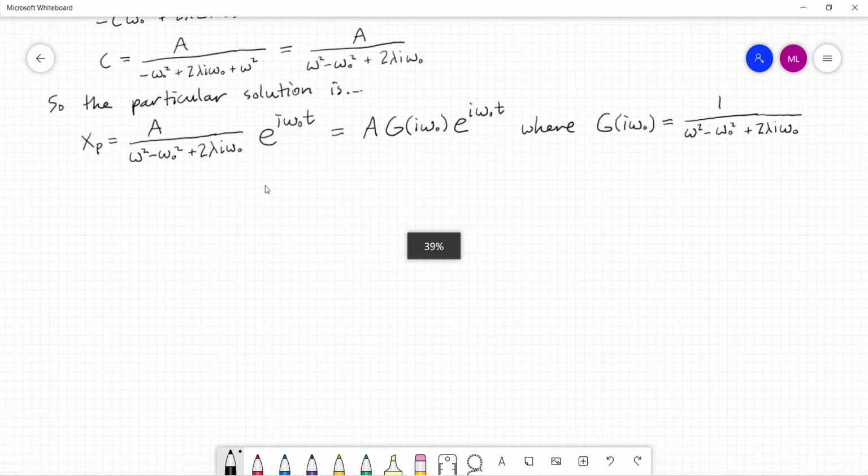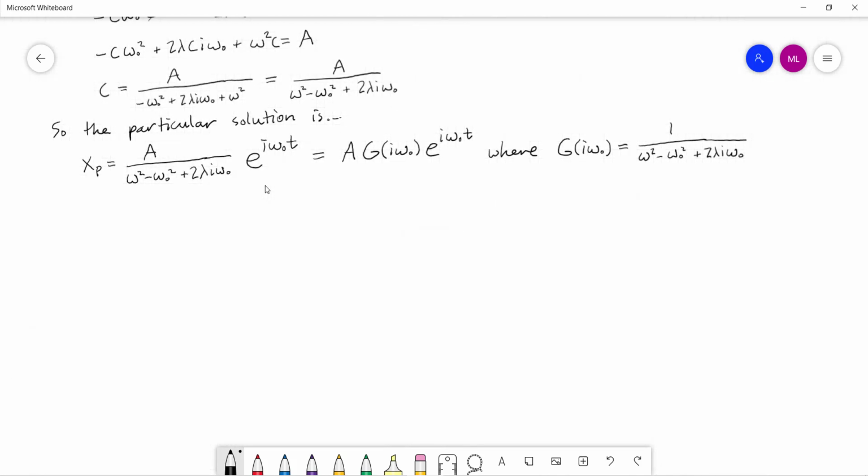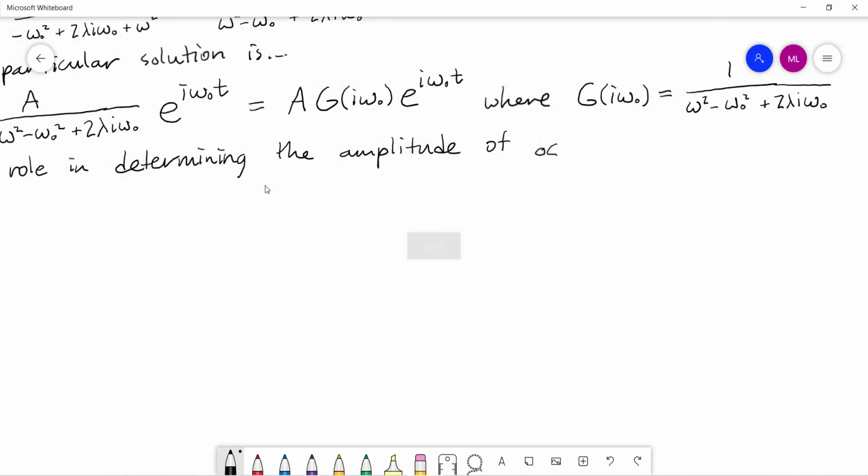The whole point of factoring this out is just to say that this g term plays a role in determining the amplitude of the oscillations. So again, this looks kind of scary because you're not used to seeing sine and cosine functions written like this, e to the I omega naught t, but in reality, whenever you have e to an imaginary power, this term is really just a bunch of sines and cosines.